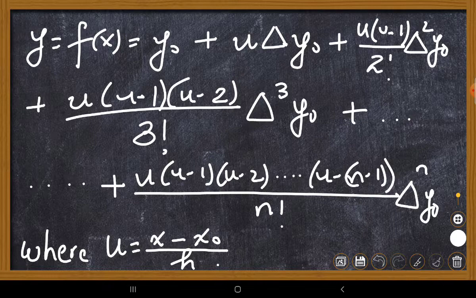I hope this is clear. Remember this formula. It may look difficult, but you just have to remember it, and when we do some calculations, you'll understand that this is actually very easy.